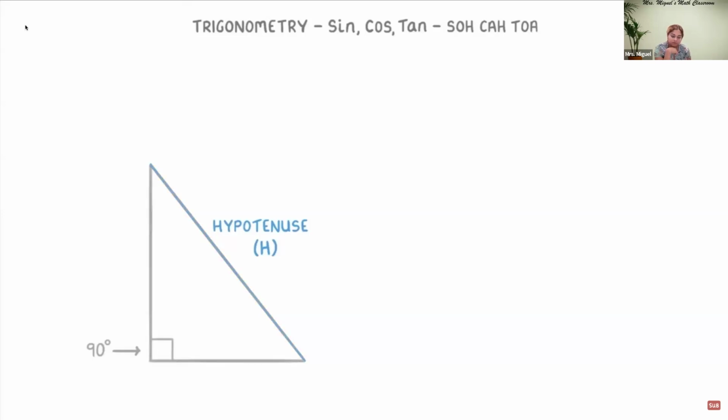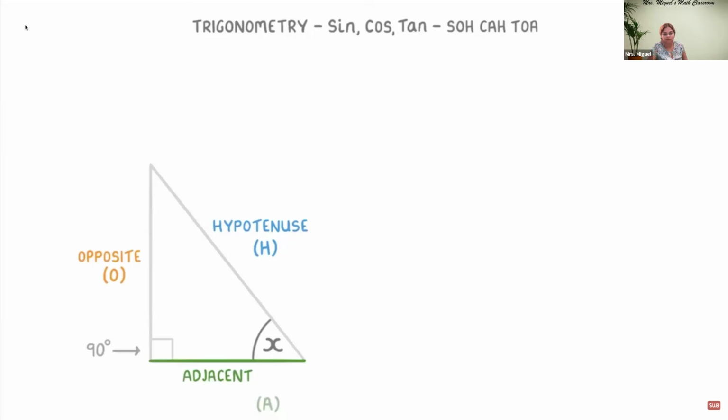Now, how we label the other two sides changes depending on which angle we're interested in finding. For example, if we were interested in finding this angle in the bottom right, which we'd label as x, then this side, which is opposite to x, would be called the opposite, which we represent with the letter O. And then this side next to our x angle, or in other words, adjacent to it, would be called the adjacent.